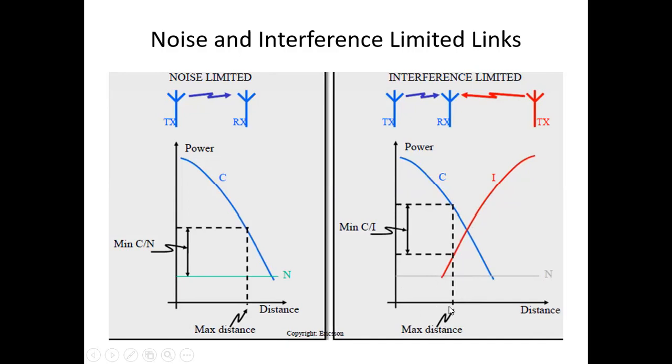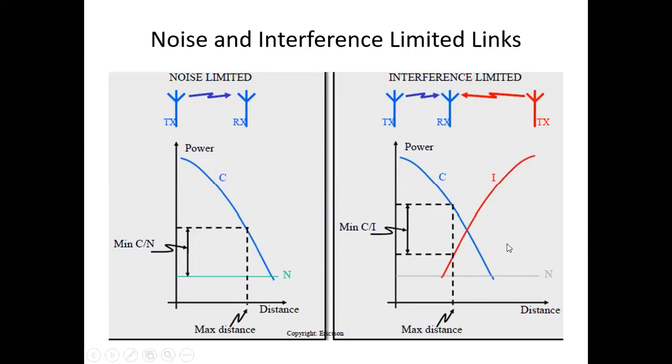As you're moving further and further away, you calculate C by CINR, considering all of them, and at a particular distance, the CINR may have the minimum permissible value, again considering your receiver sensitivity, or the level of CINR that the receiver can work with for a minimum level of BER.